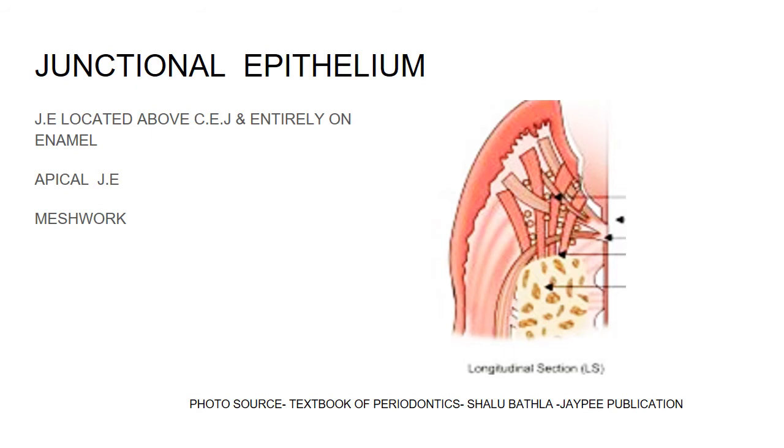It is said that these fibers run haywire in all possible directions. That is, these fibers are divided into three types: apical, coronal, and horizontal. So they are running north, south, and in every direction. They form a strong meshwork. It is also due to these fibers that the strength and resilience of the gingiva around the tooth is increased.